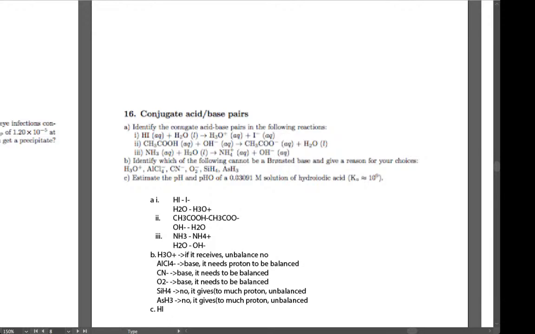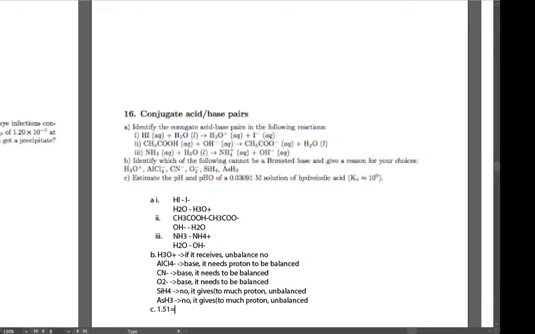So that means we have 0.03091 molar of H plus, and you just plug it into your calculator to calculate the pH. Take the negative log of 0.03091, and that would be the pH, 1.51.